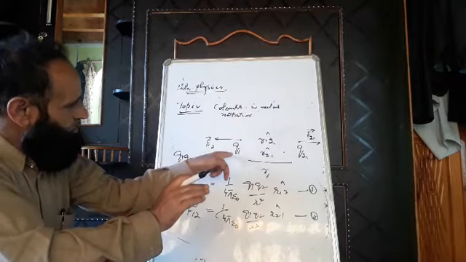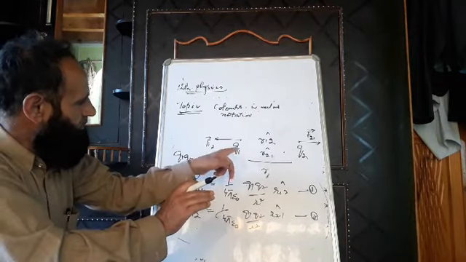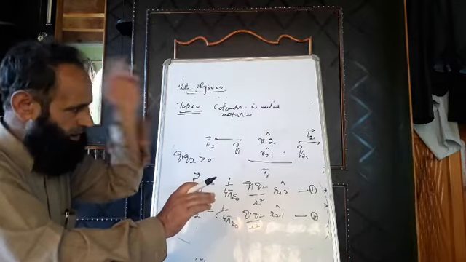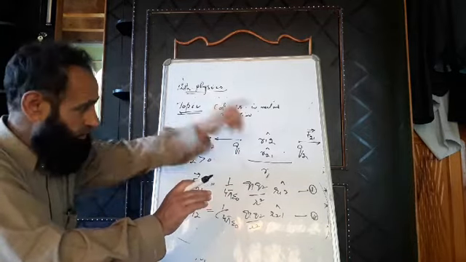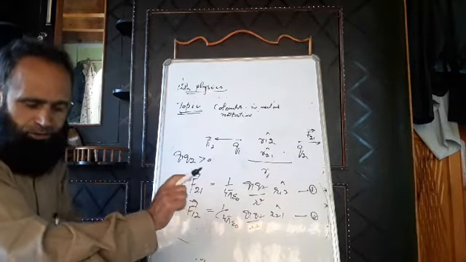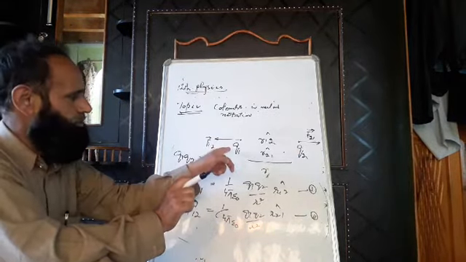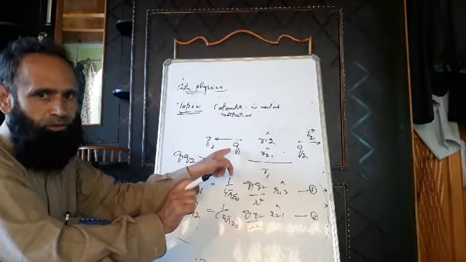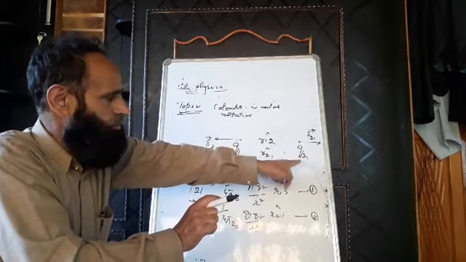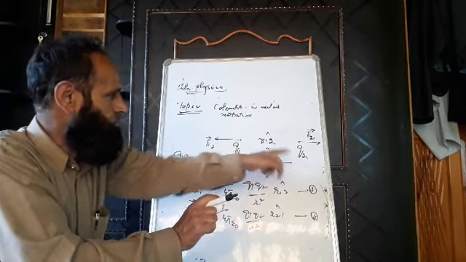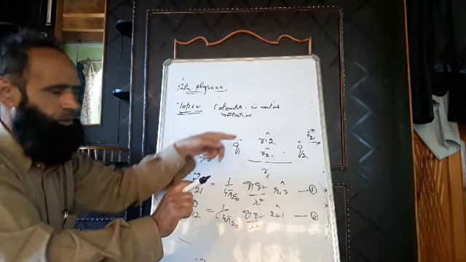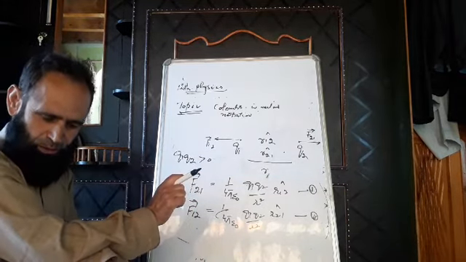F12 is the force on charge 1 due to charge 2, and F21 is the force on charge Q2 due to charge Q1.